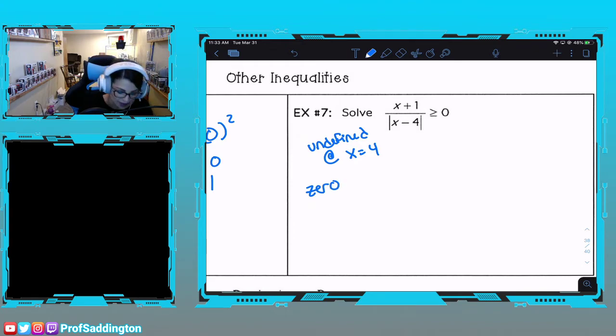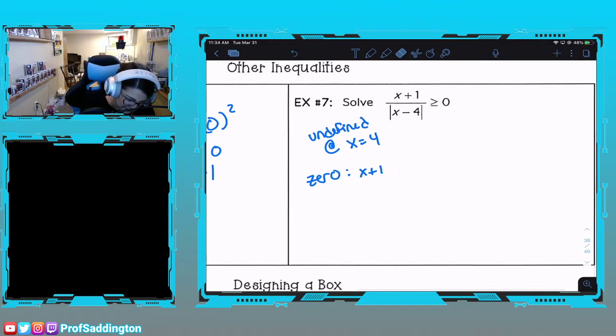So the numerator gives me my zeros, which x plus 1 is, oh, not less than, we switched it up today, greater than or equal to 0, so a little different than the last one. So x is going to be greater than or equal to negative 1. And we're trying to figure out where this is going to be greater than.